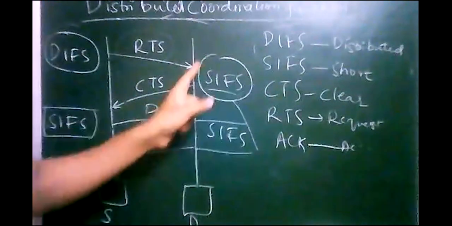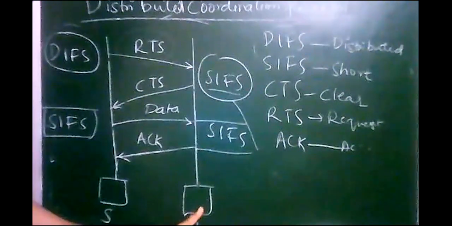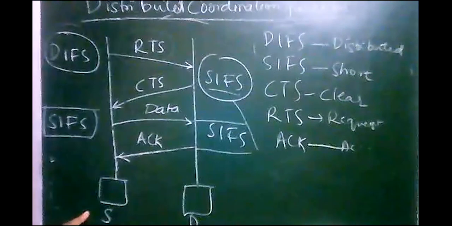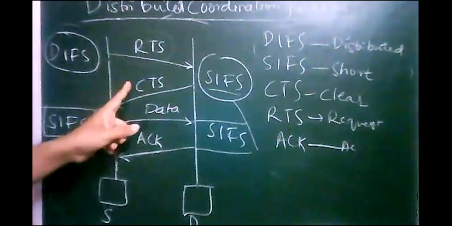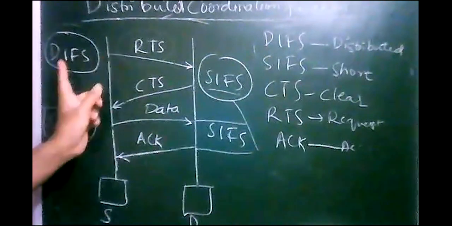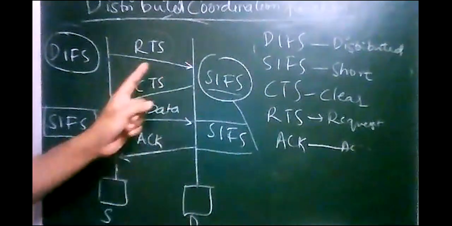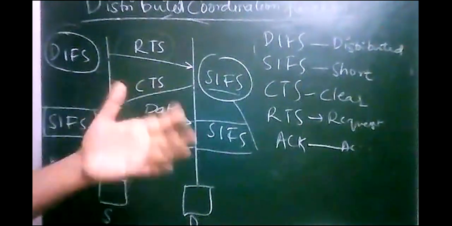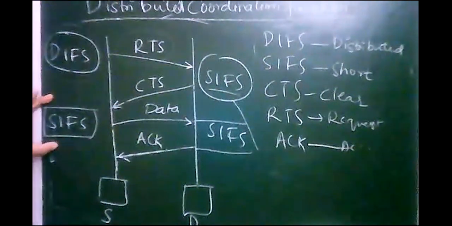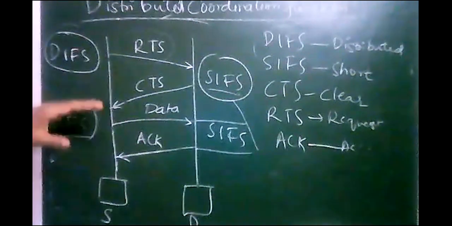After the processing time is completed, the destination station will send a CTS signal to the source station. What is this CTS signal? That is clear to send. The source station is requesting to send, and the destination station is sending another signal, that is, you are clear to send. After receiving the CTS signal, the source station will prepare the data using some time.